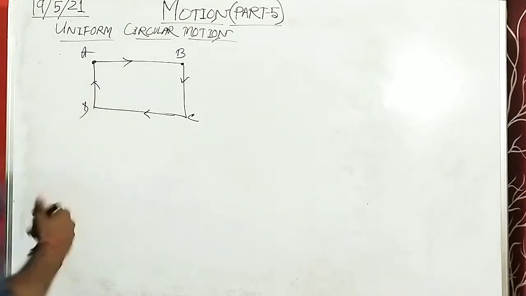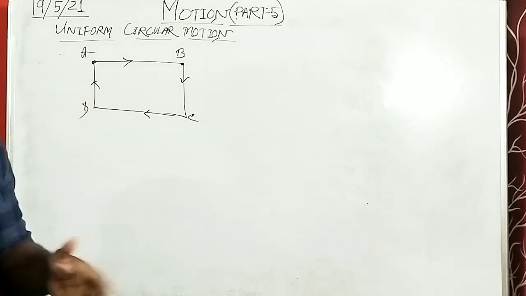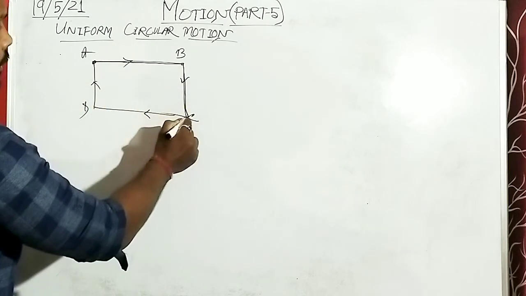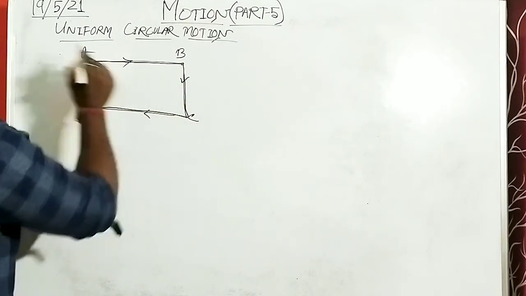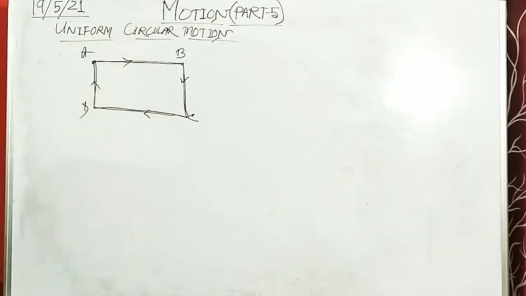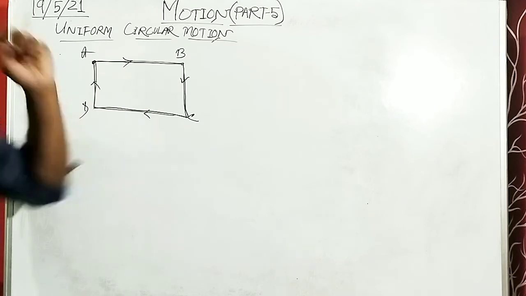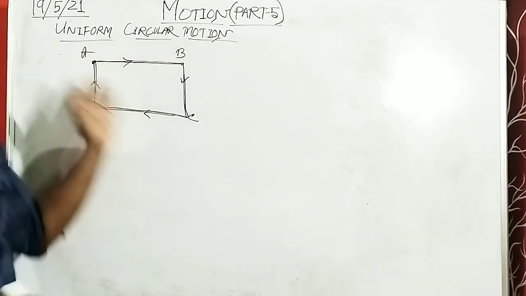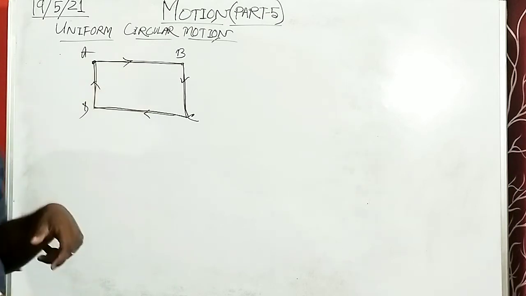Now, if I ask you in this case what distance it traveled, this must be the distance. This is nothing but the perimeter of this rectangle. So we can find the perimeter, and then we will be able to calculate the distance. The displacement will be 0.